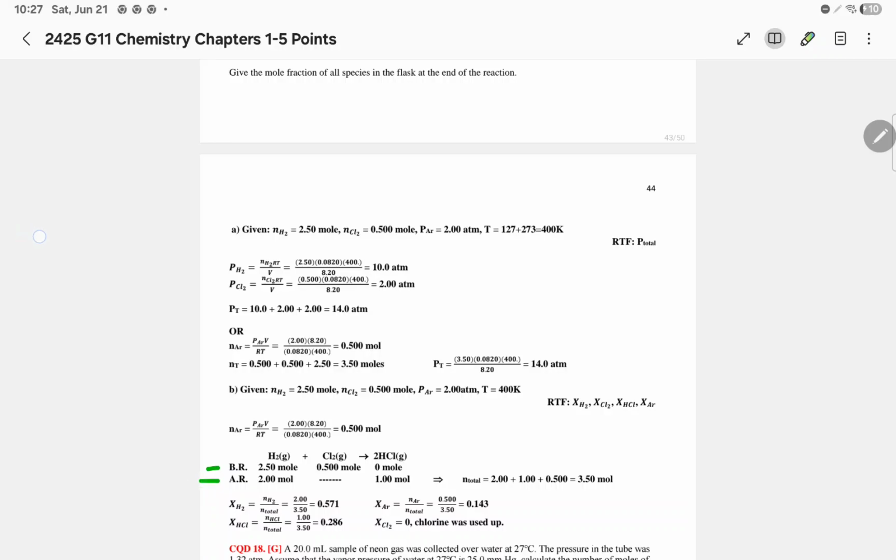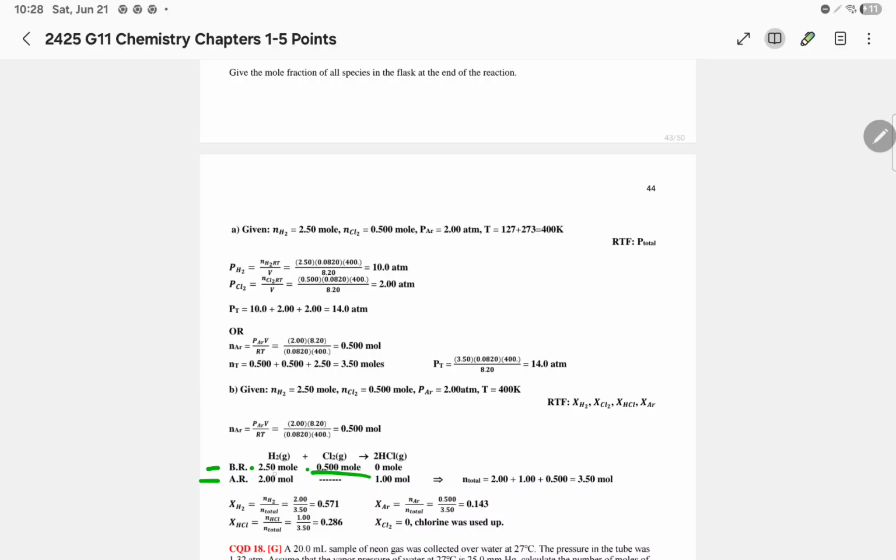Here we have 2 Cl, so all of these moles have to be used. Before the reaction we had 2.5, 0.5 and 0. Since we had Cl2 and there we have 2 Cl in our final products, all of the Cl2 must have been used. So we used 0.5 moles, it's limiting.